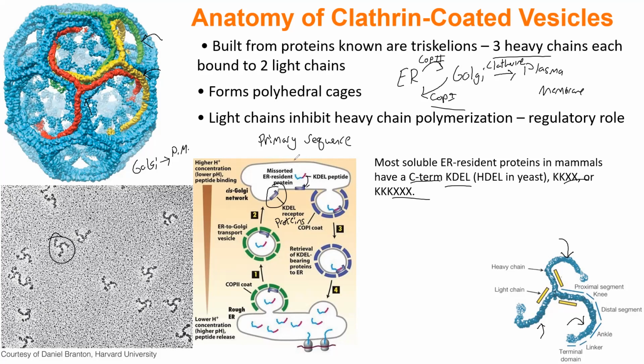Once you have bound this receptor, you're going to get your COP1 proteins. You're going to form your vesicle, then you're going to be transported back to the ER. And this vesicle is going to fuse with the ER, and you're going to be delivered back home where you belong. So that's how the cell is actually smart enough to determine which proteins belong in the ER. And this process is how we can deliver them back to the ER.